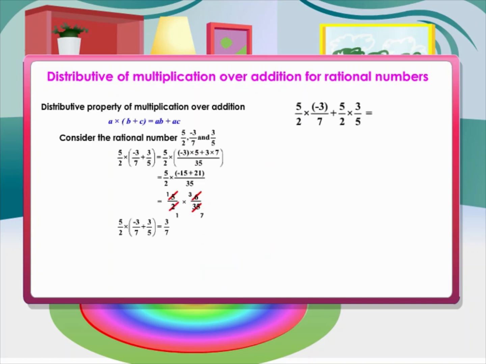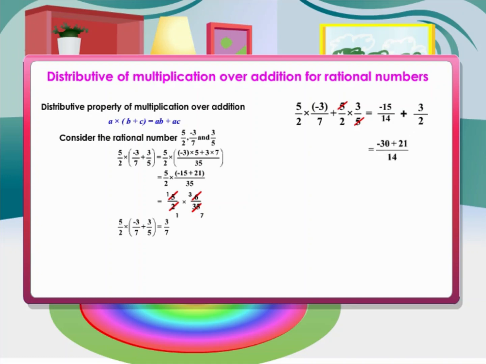Now let us do the right-hand side of distributive of multiplication over addition. 5 by 2 multiplied by minus 3 by 7 plus 5 by 2 multiplied by 3 by 5 is equal to minus 15 by 14, since you can cancel directly 5 over here in the numerator and denominator. We get 3 by 2. Then take the LCM.